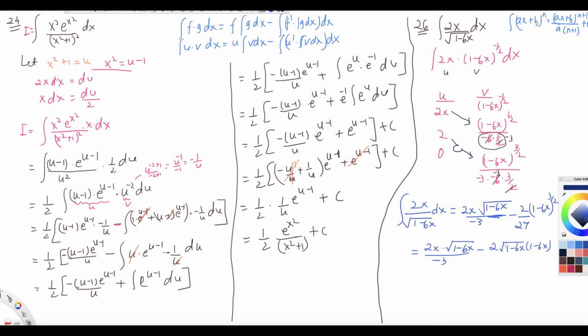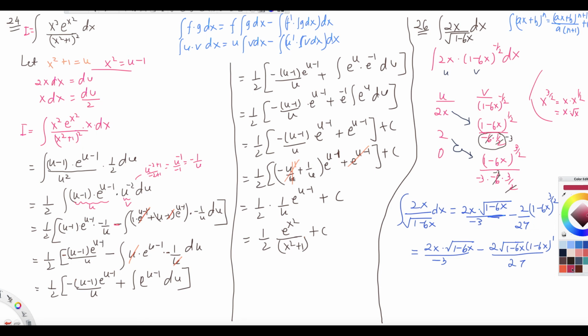The root of 1 minus 6x is (1 minus 6x) to the 1/2, and then times (1 minus 6x) to the 1 will be like that. And then there is 27. The reason is this. You guys know that x to the 3/2 equals x times x to the 1/2. That is the same as x times root x. You can write like that, right? That's what I was doing here.